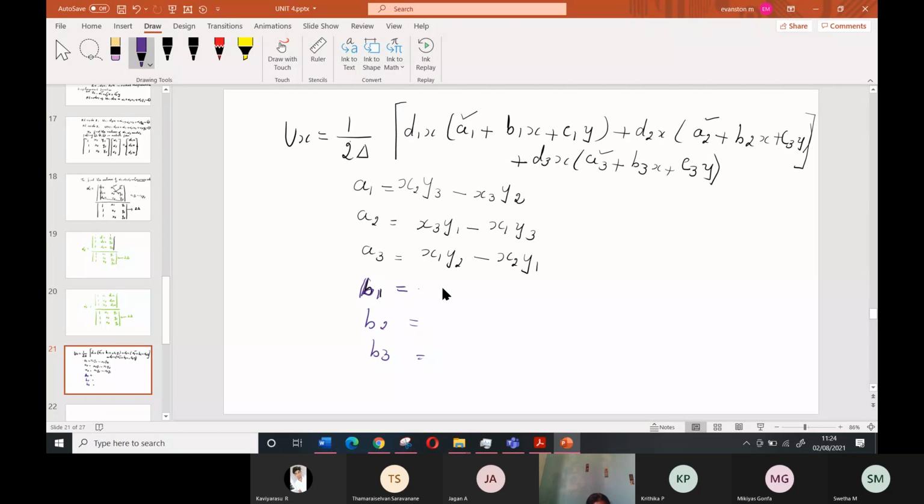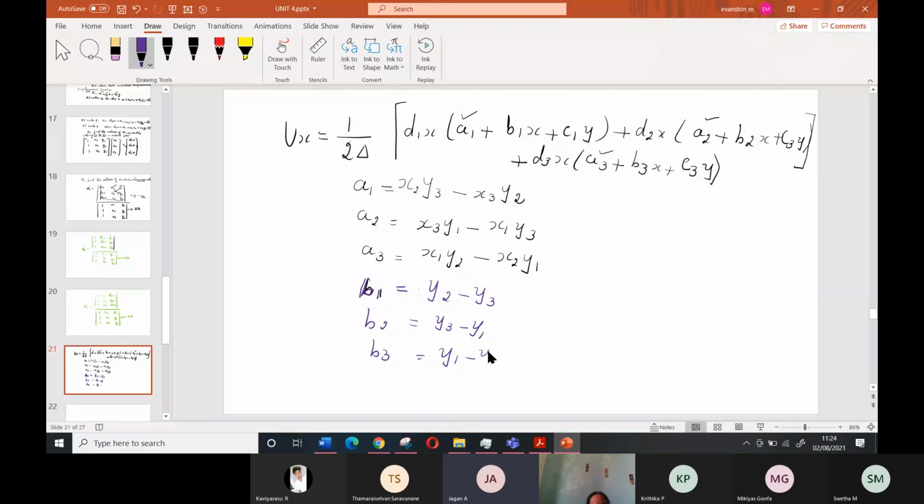B1 is y2 minus y3, am I correct? Then B2 is y3 minus y1. Then B3 is y2 minus y1, or y1 minus y2?